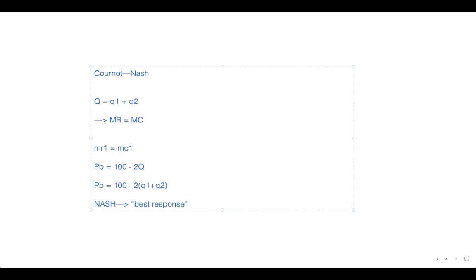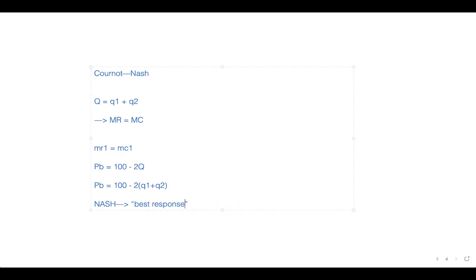That's their best response. And best here means most profitable. That's what it always means in the context of business, right? Best has to do with whoever makes the most profit.